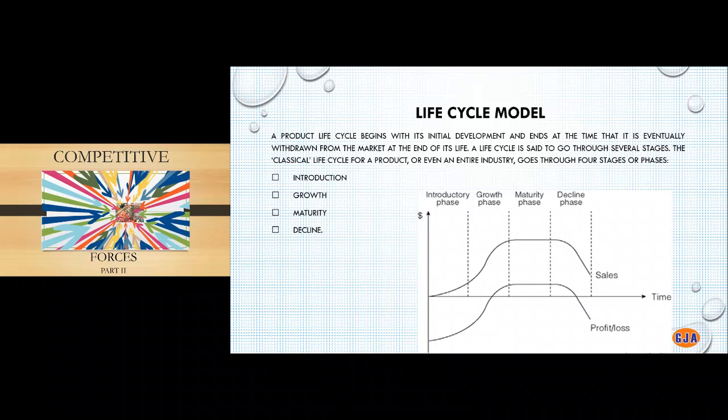Then at the maturity stage, now as our industry and our product begin to mature in the market, we will experience that, okay, our profit that was growing before begins to stabilize. So everything becomes predictable.